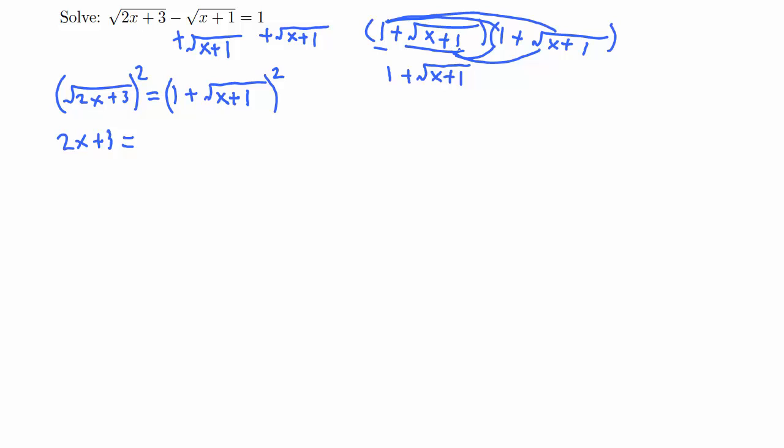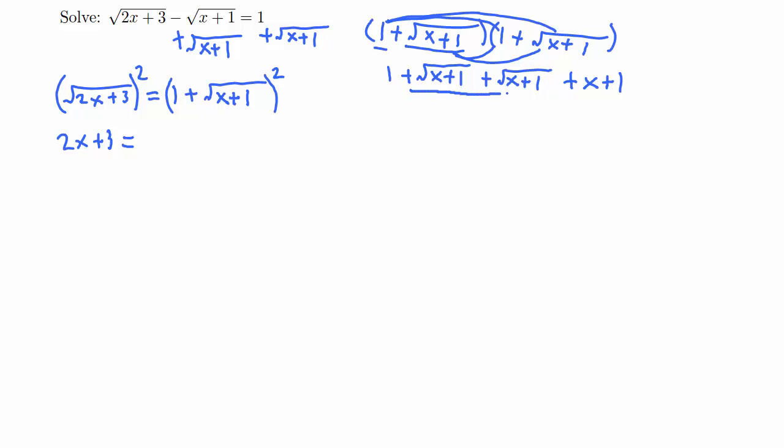So the square root of x plus 1 times 1 is again the square root of x plus 1. And then the square root of x plus 1 times the square root of x plus 1. Well, if you think about it, that means that it's the square root of x plus 1 squared, just like what we have kind of right here. So that's going to leave us with the radicand of x plus 1.